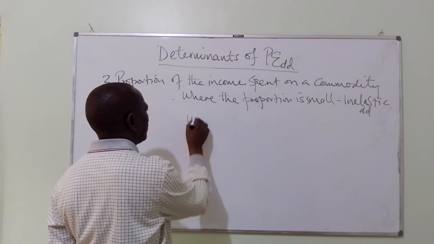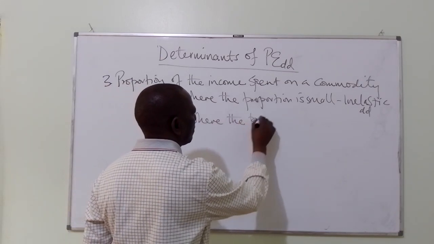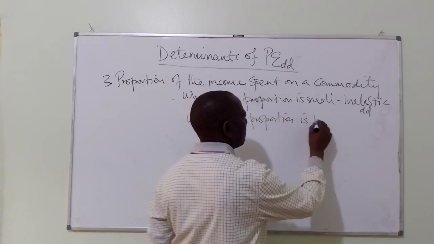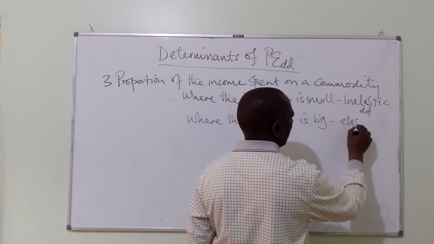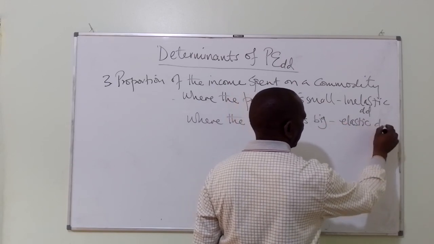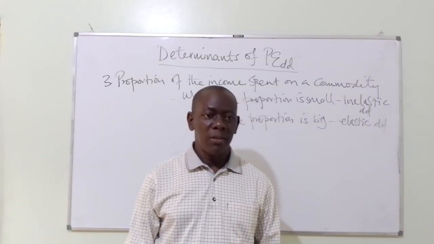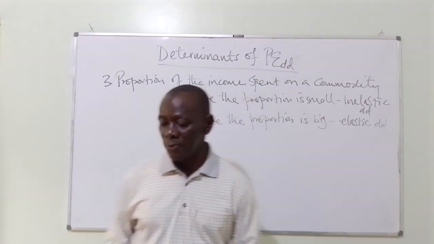And where the proportion is big, there is elastic demand. An example that we can give here is the example of a matchbox.